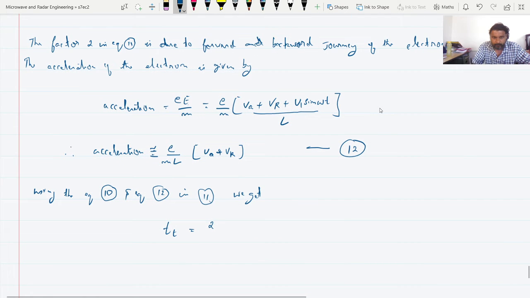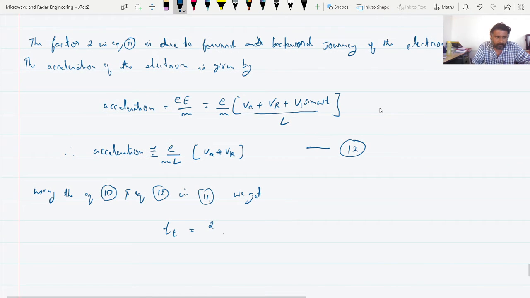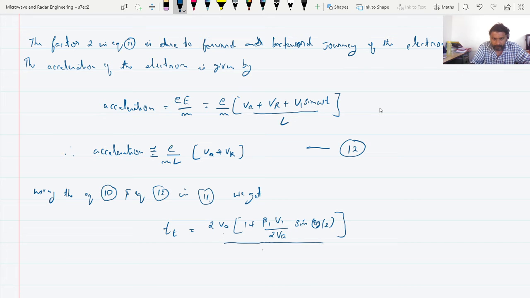So Tt is nothing but 2 into velocity, 2 into V naught into 1 plus beta 1 V1 divided by 2 Va, sin theta g by 2, divided by e by m L into Va plus Vr.